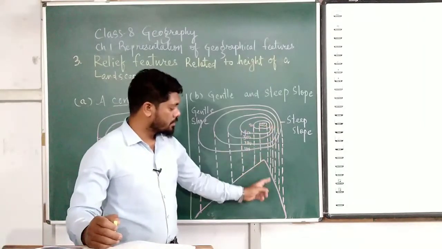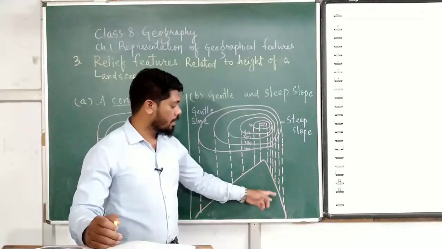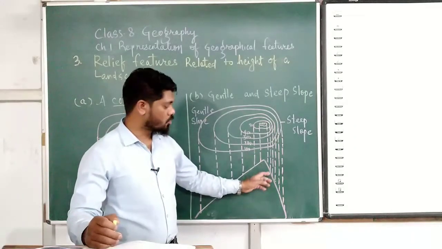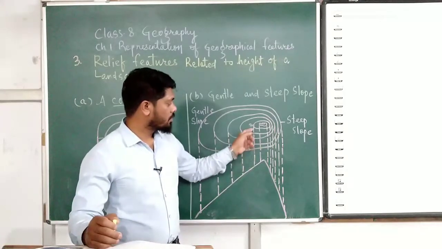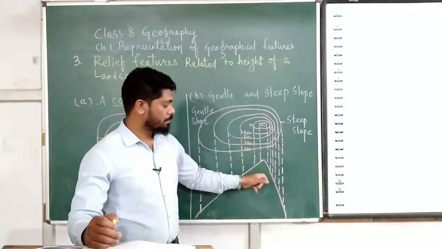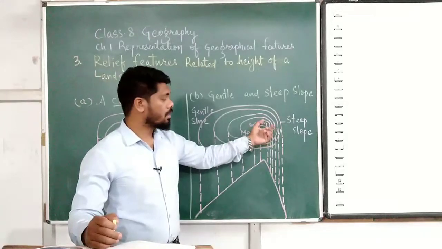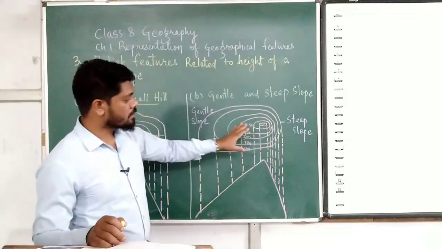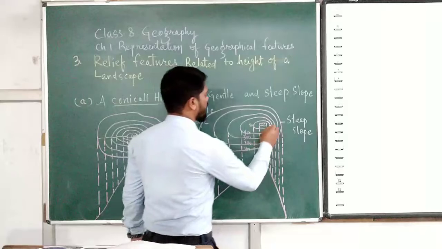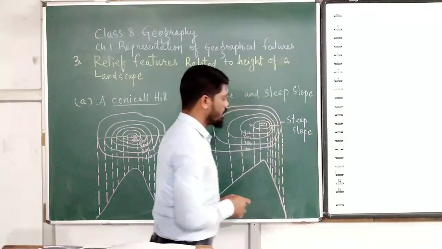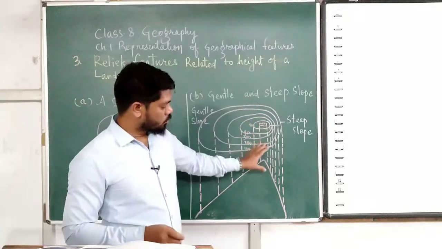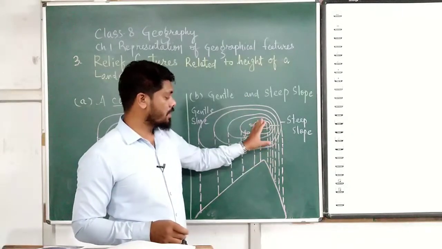That means on this side the landscape is very steep. After every 100 meters of gap, one contour will be drawn. On this side you could see the contours are very close to each other. When they are close to each other, it means the actual landscape is very steep.